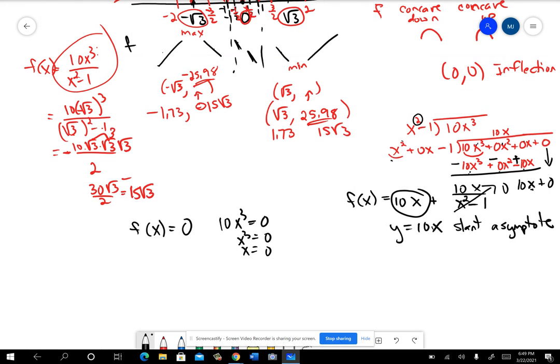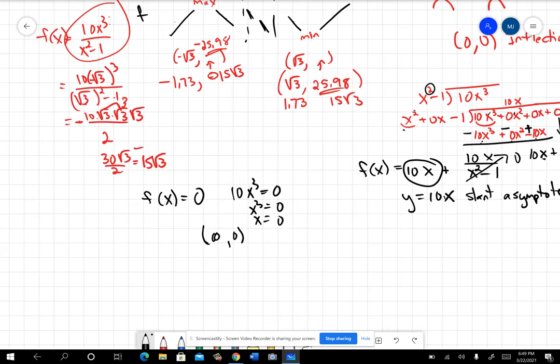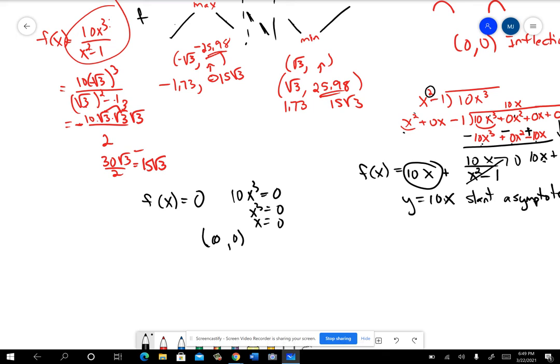So that's the only x-intercept, at 0, 0. All right, and then your y-intercept happens when you do f of 0, but when you do that, you also get 0, 0. Okay, so that's your y-intercept. And we kind of knew that once we found out that x equaled 0 when we put a 0 in for the y, since that was both the x and the y-intercept.